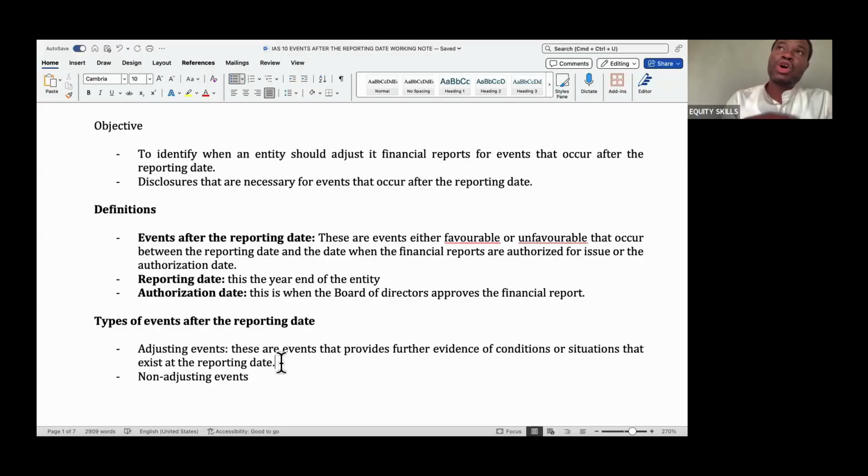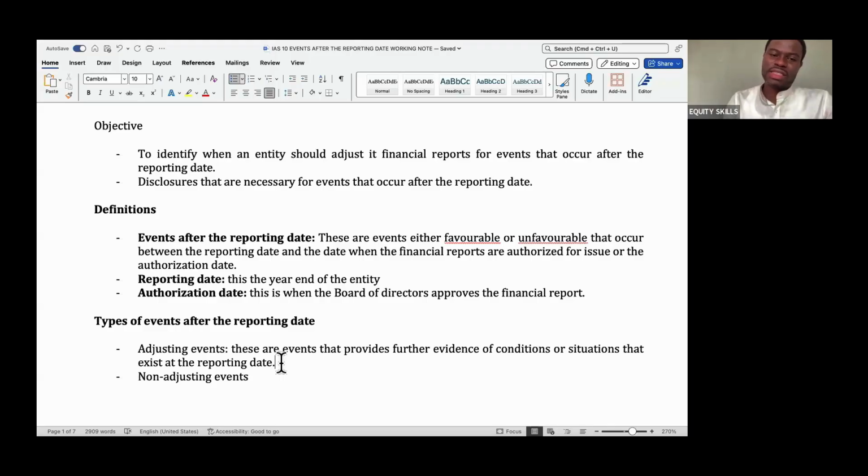Or there was a court case that we had made a provision for, though we didn't even know whether we should make a provision or not. The court case has been going on. A little after the reporting date, they came and said that we need to settle, that we lost the case. This again only provides evidence of the condition that we were going to lose the case.